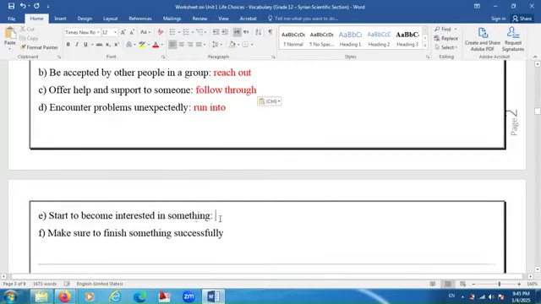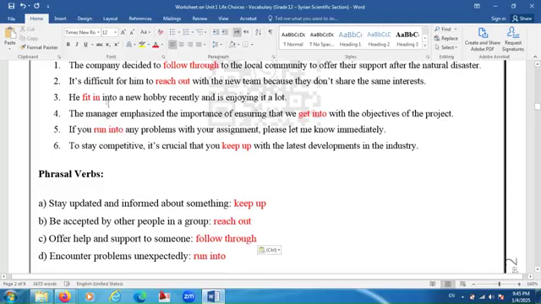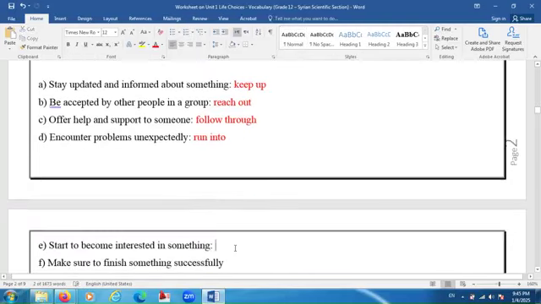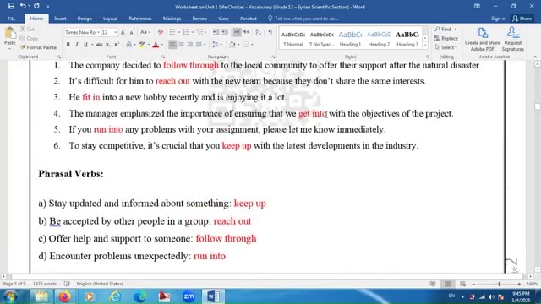And here, to become interested in something, it is to fit in. He found himself. And make sure to finish something successfully, it is to get into.